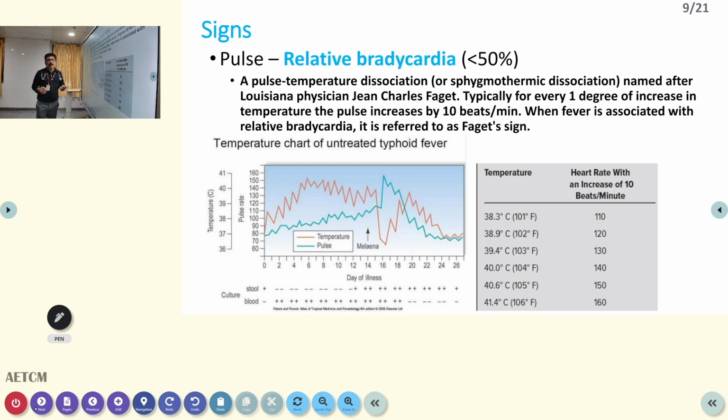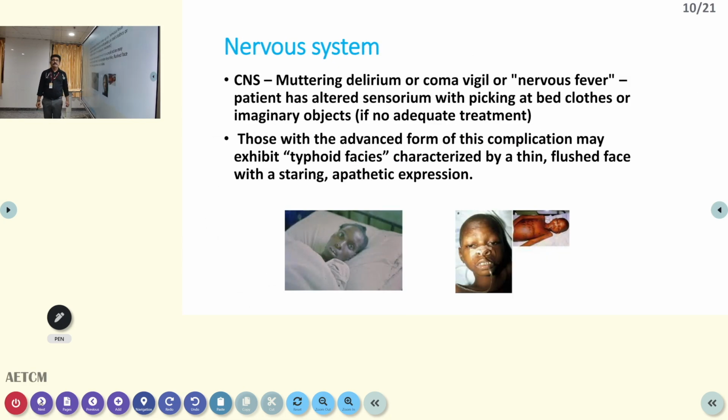Remember, this is not bradycardia, this is relative bradycardia. That means you expect a heart rate for a given temperature, and that is not seen. That is why it is called relative bradycardia. It is not bradycardia at all. This is otherwise called Faget sign. So relative bradycardia is one of the important findings of enteric fever, but it is not seen only in enteric fever. There are other conditions also where you can get relative bradycardia.